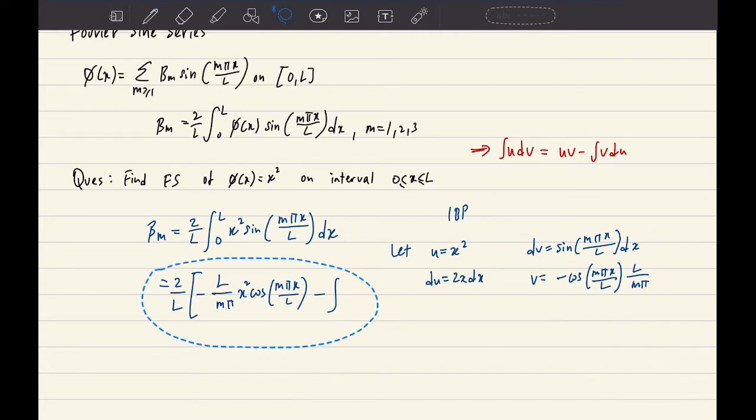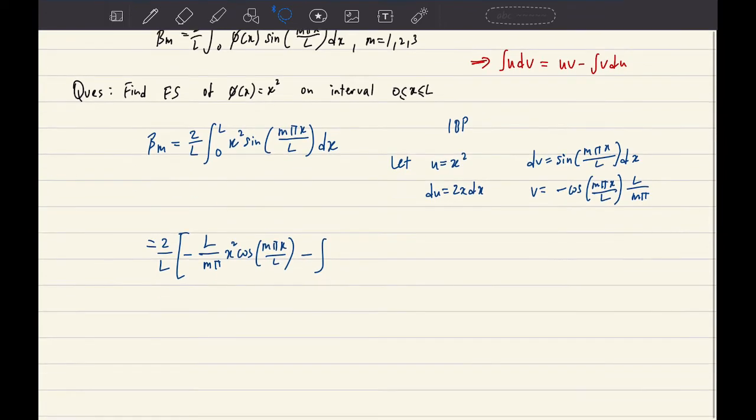Because there are negative signs in there, I'm just going to bring them outside, as well as the constant. Our du is 2x dx, but I can just pull out the constant.